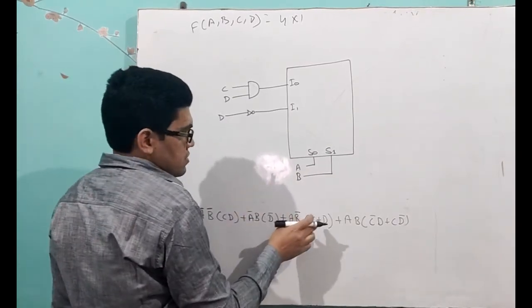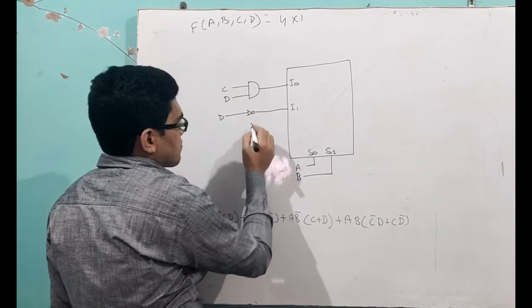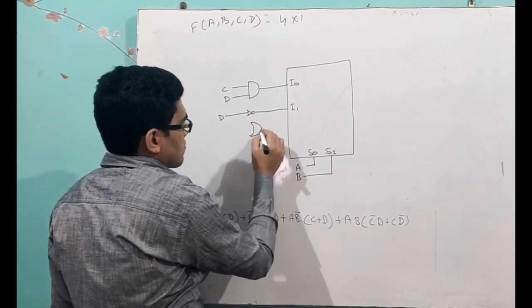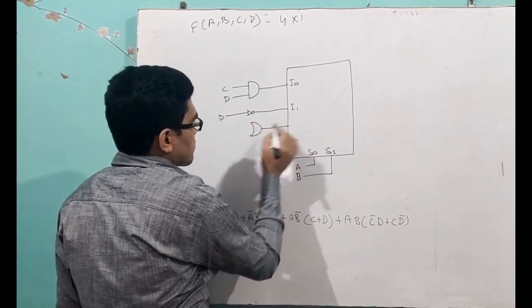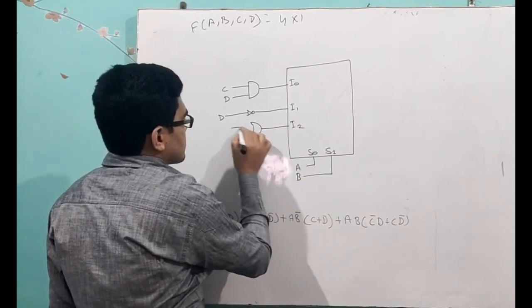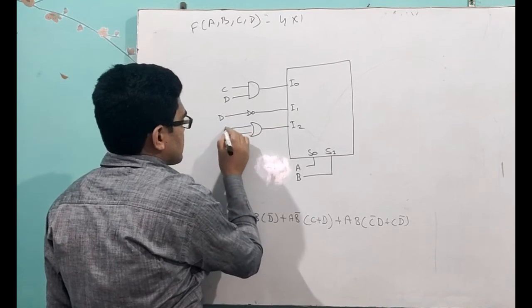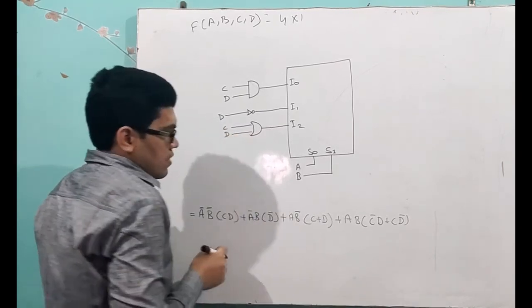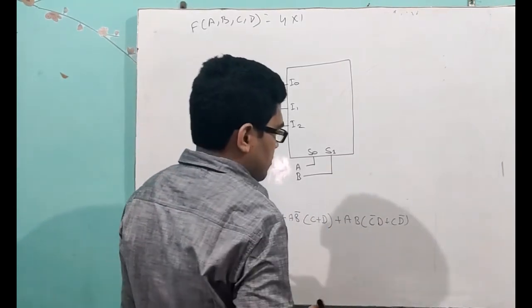Next input is C plus D. This will be I2, C plus D. And the next is C bar D plus CD bar.